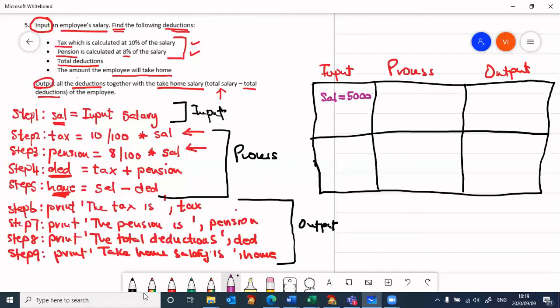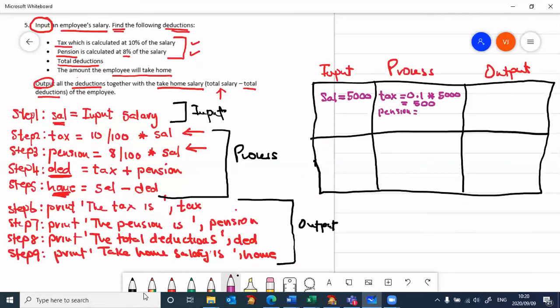Step 2, tax is 10%. So tax equals 0.1 times 5,000. So that tax works out to, if we use a calculator, you'll get an answer of 500. Pension. The pension is 8%.